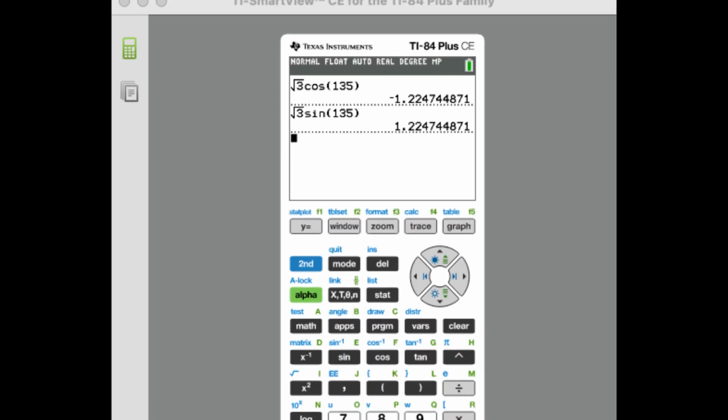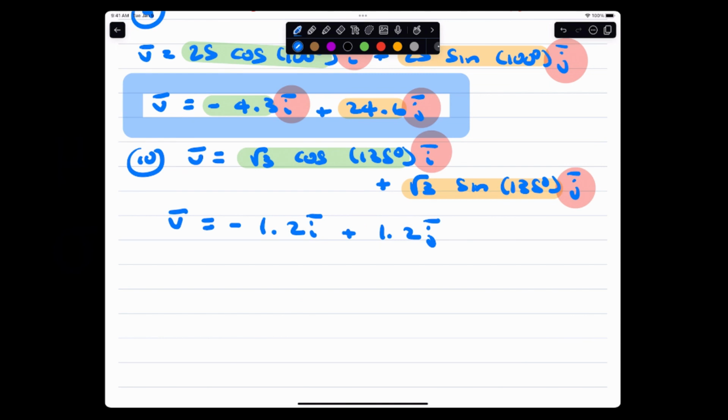So what do you guys get? Let's go to the tenths again. Vector v is negative 1.2i plus 1.2j. Is that true? All right, so I want you guys to see that here.